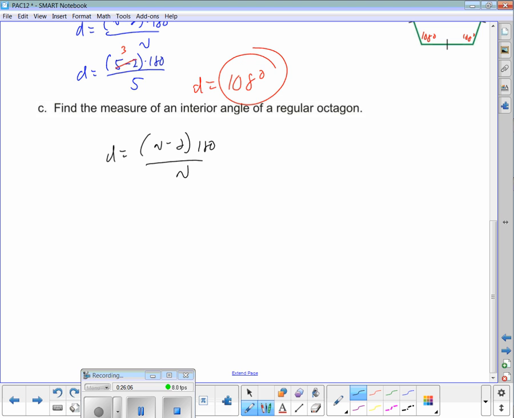Done already, Caitlin? Hold on there. Just takes a minute to show the work. That's all I need for the work.